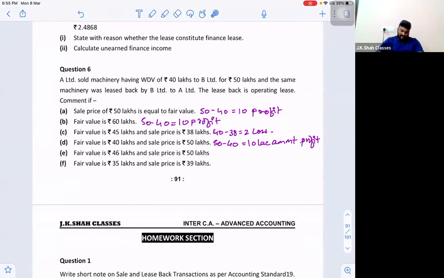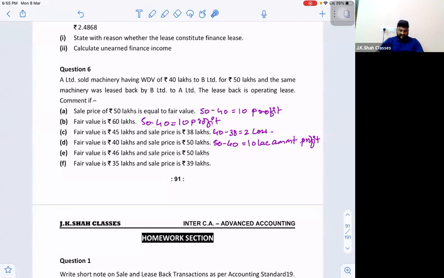Right? Fifth point. Fair value is 46 lakhs. Selling price is 50 lakhs. And WDV is 40. So can I say fair value is greater than WDV and selling price is greater than both of them?